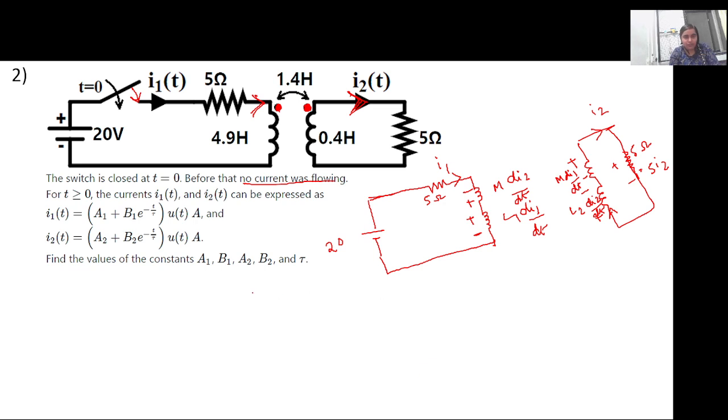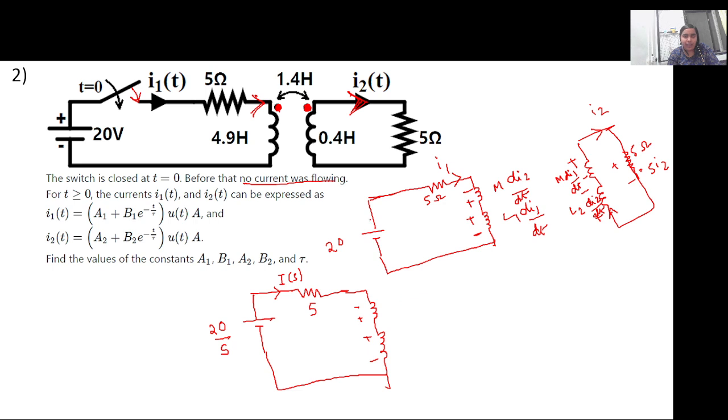We will redraw the circuit. So this 20 volt will become 20 by S. Current flowing will be I of S. Resistance will be as it is. Now both the self and the mutual inductance need to be taken into account, and the sign will be like this.